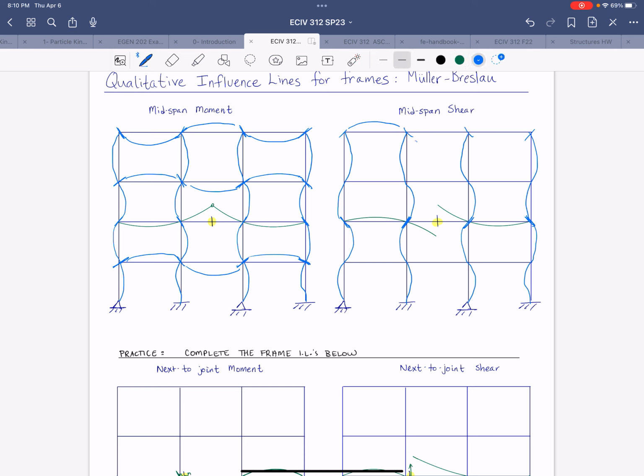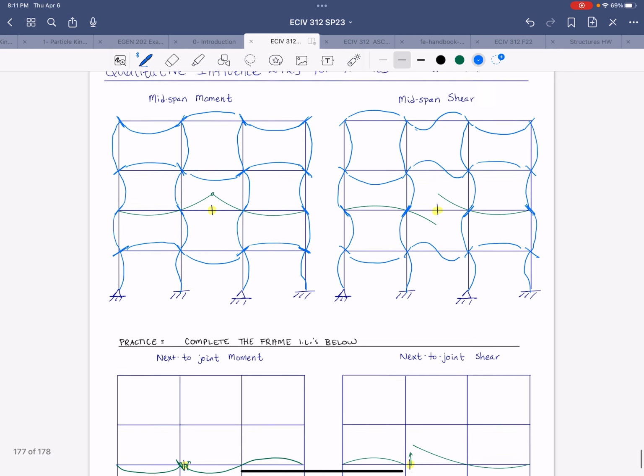So in order to meet that slope condition, that beam has to be in double curvature. So we get that S shape there. And we're going to see this on all of the other levels, right? So it's going to look like that.